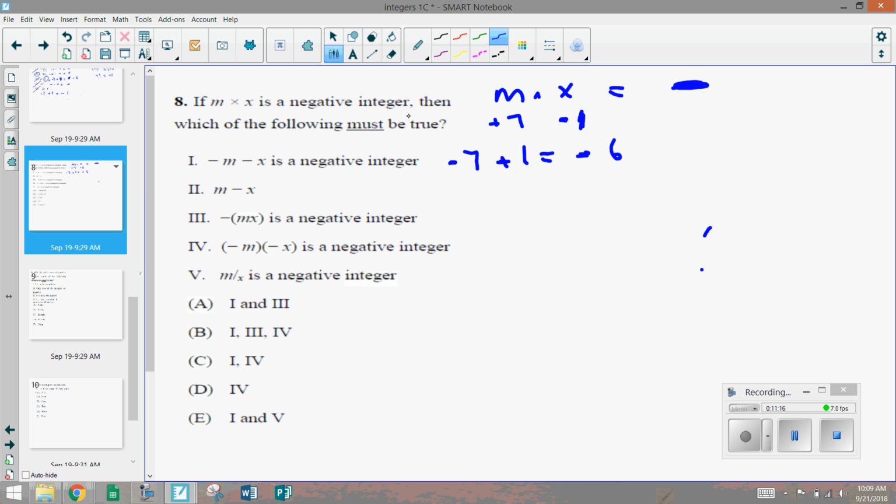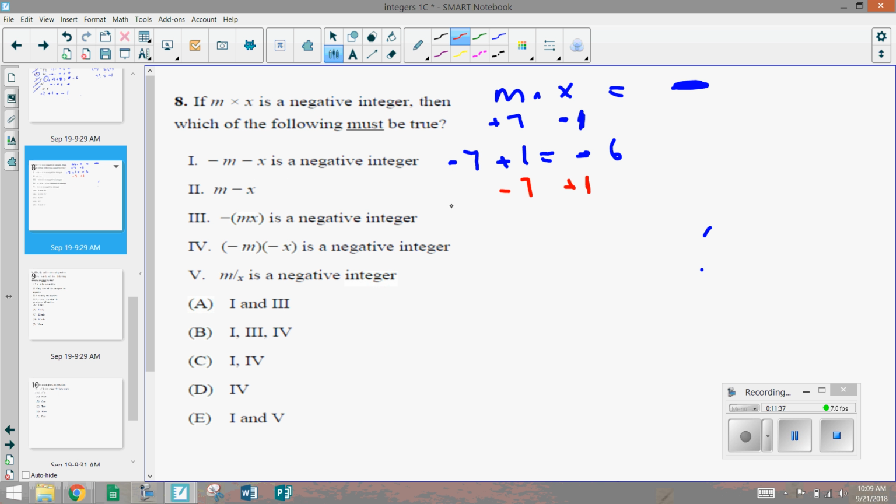Okay, and it's saying that is a negative integer. But if you switch and try these, negative 7 and positive 1, let's switch the quantity, because negative times positive still works. When I apply that, it's not going to work.